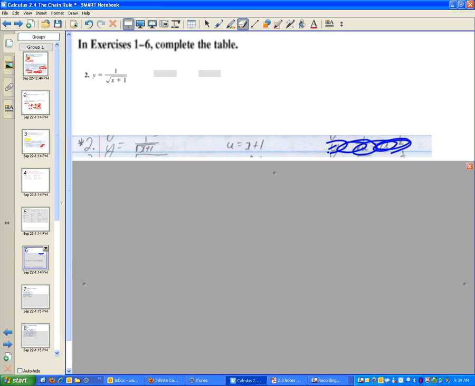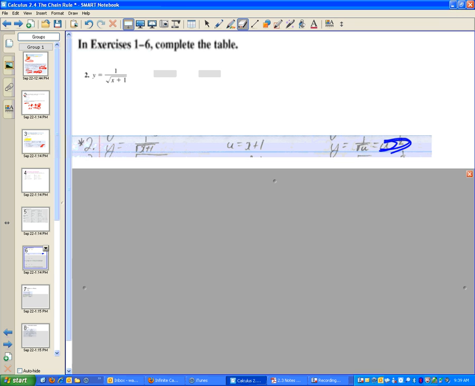Then the next column and our last column, they want us to write that as y equals f of u. So in other words, replace the x plus 1 with a u. So I'd get y equals 1 over the square root of u. Now, we're done. We've done all the book asked us to do.